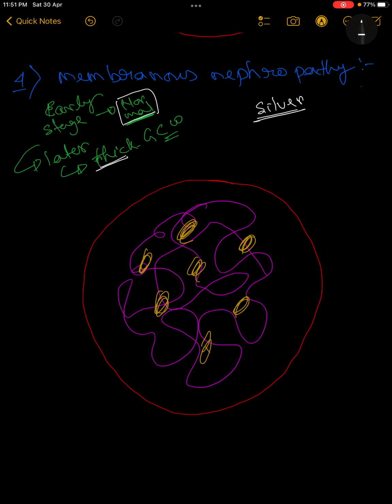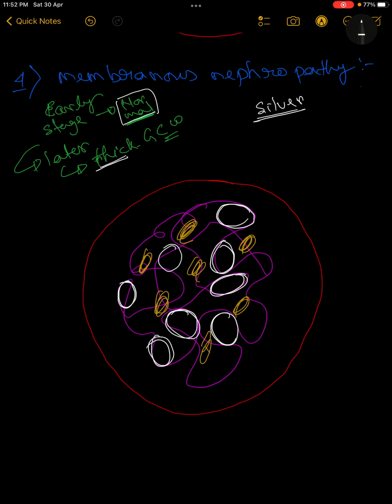So how are you going to define it? The histological slide will be normal, and around this capillary wall you will find a black stain. Okay, so again, a normal histological slide, and around this capillary lumen, if you find this black stain, what is it? Membranous nephropathy. Membranous nephropathy. So you have to remember just some points here on how to evaluate these things.